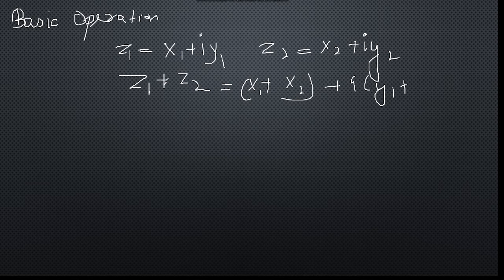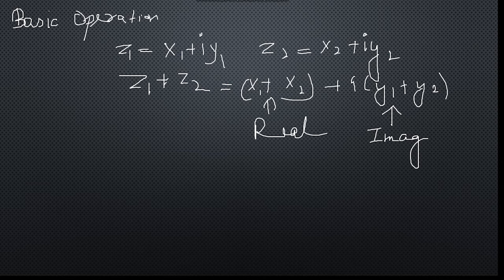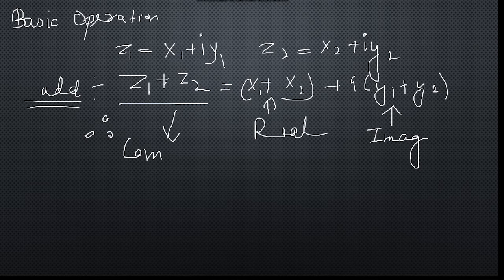It means that the real part and imaginary part are both added the same way. So what does it infer? It infers that the summation of any two complex numbers gives us a complex number.